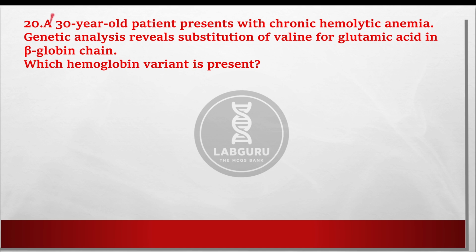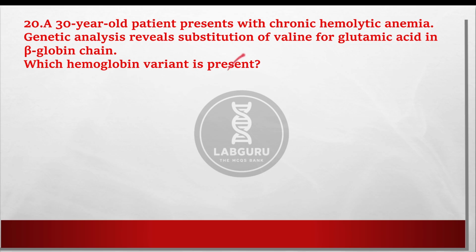Question number 20. A 30-year-old patient presents with chronic hemolytic anemia. Genetic analysis reveals substitution of valine for glutamic acid in the beta globin chain. Which hemoglobin variant is present?